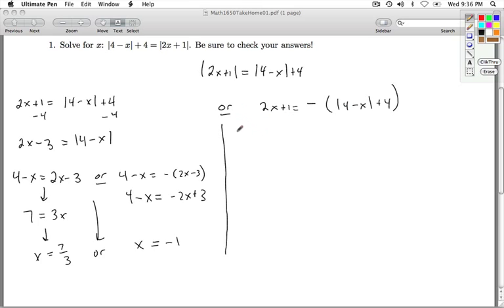On this side, we distribute that negative through. And once again, I now have an equation like we had in class the other day. I've got to get this absolute value by itself. I can add the 4 to both sides. I can multiply or divide by the -1.